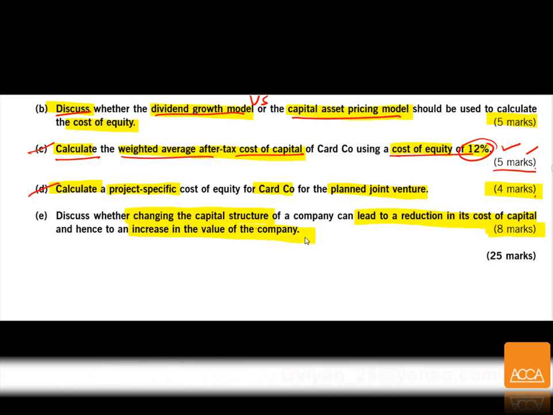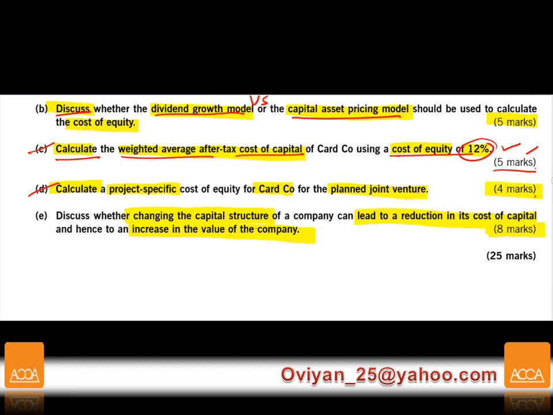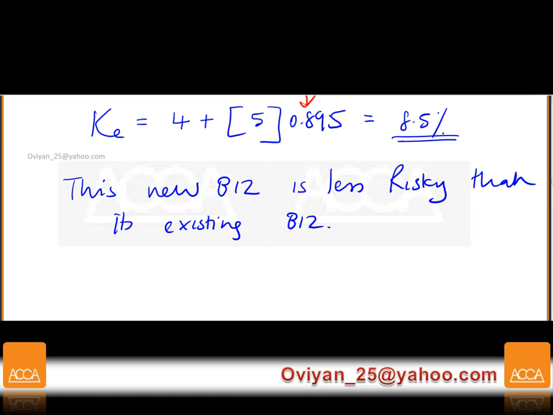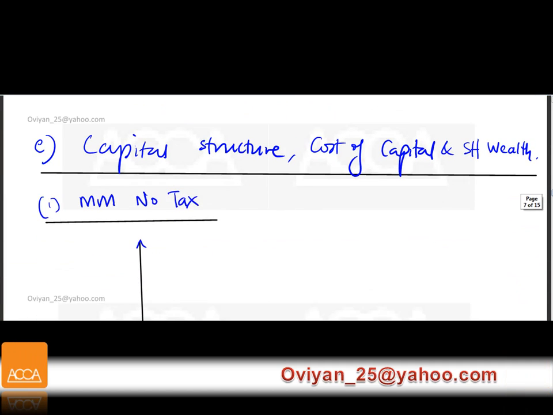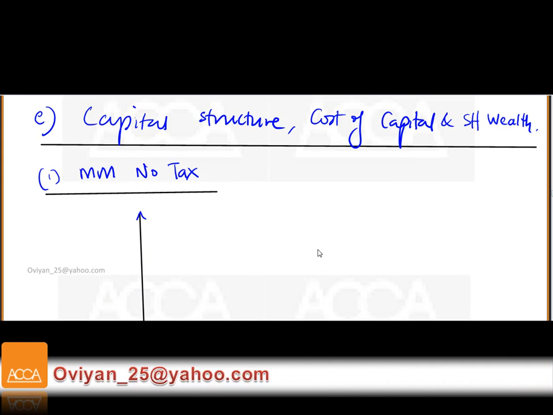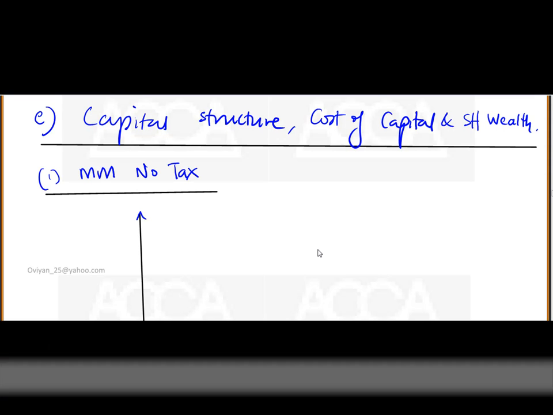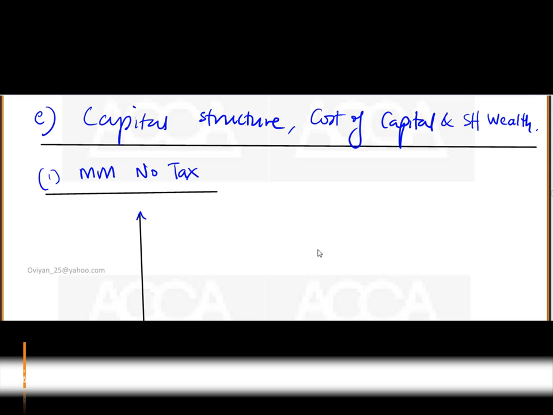So, is capital structure relevant? That's what they're trying to say here. Capital structure for F9. Just talk very briefly about a few theories.